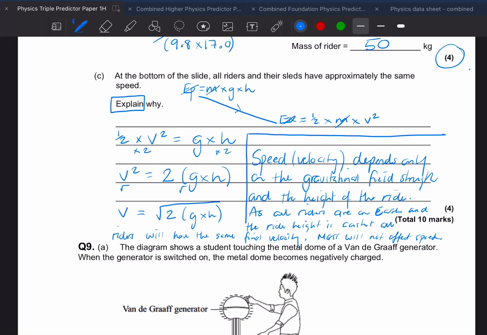And then if you take that to the extreme, you end up working out exactly what v is equal to. And as I say, it has no effect based on the mass. Its only effect is the gravitational field strength, and the rides are, I imagine, all happening on Earth, and the height of the ride, if the rides all start at the same height. So yeah, that's the only thing that will affect their final velocity.